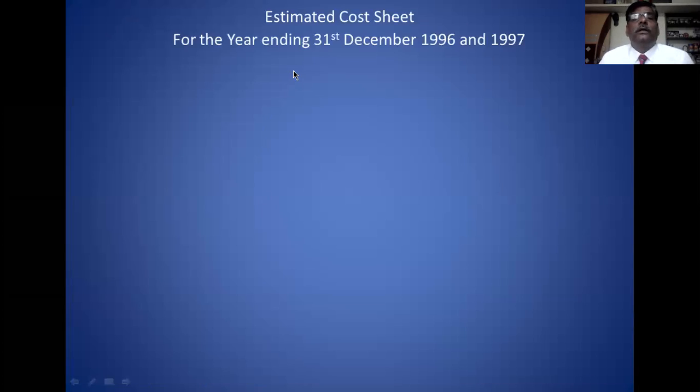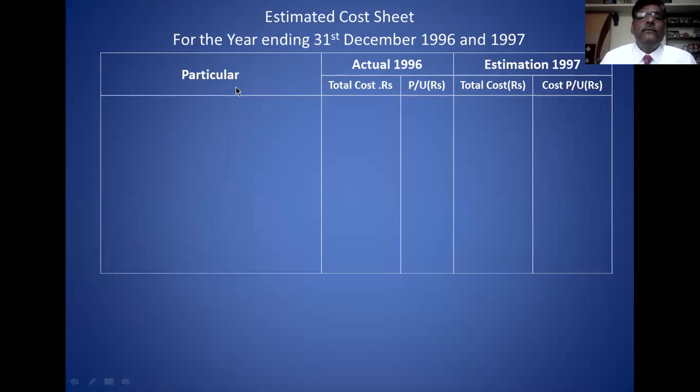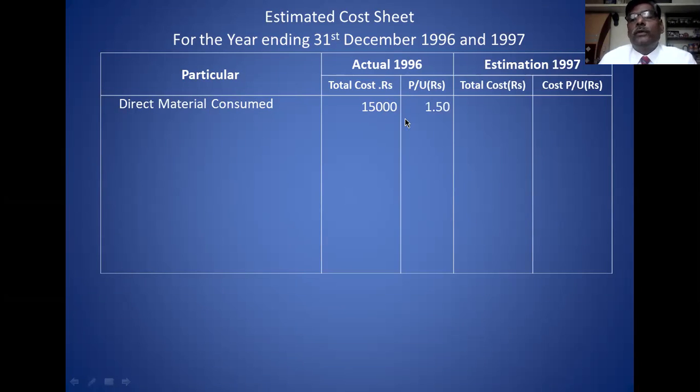You see this estimated cost for the year 96-97. This is the cost sheet. Material consumed 15,000 divided by pens manufactured in 1996, which are 10,000. So you divide by 10,000. It is 1.5. Then direct labor is 10,000 rupees, divided by 10,000, it is 1 rupee. Take the total.